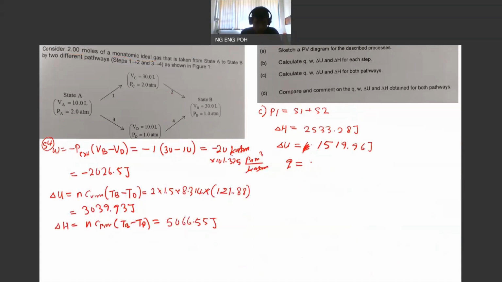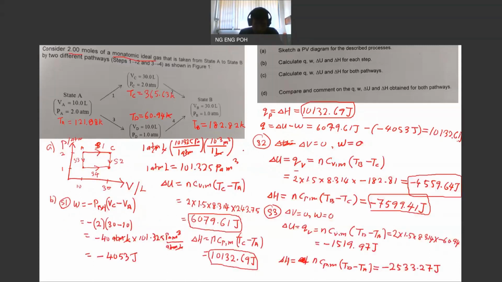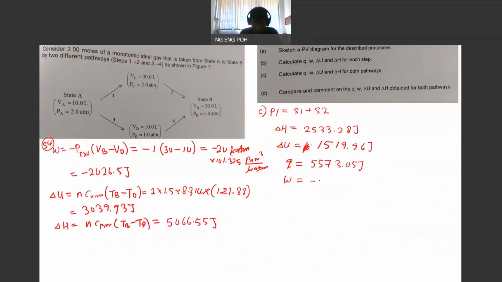So this is 5573.05 joule. Then W. The W of step 1 is negative 4053. Step 2, W is 0. So it will be negative 4053 joule.